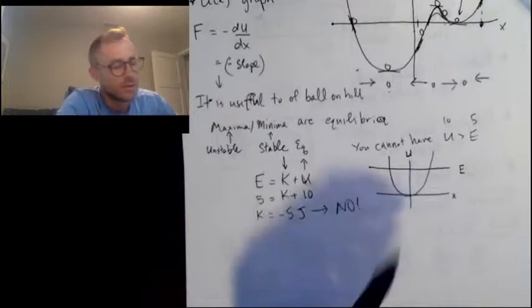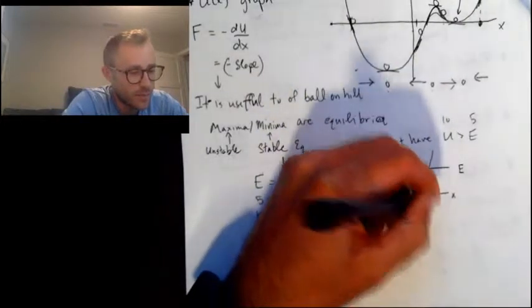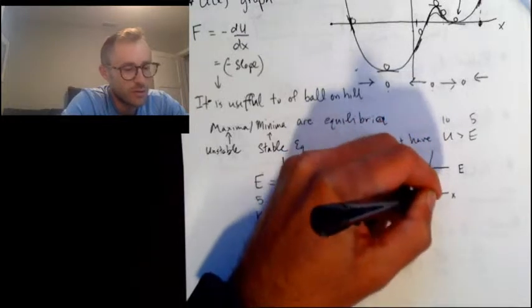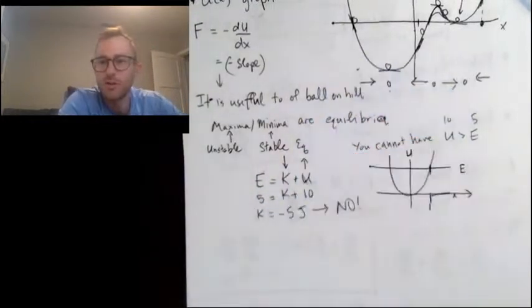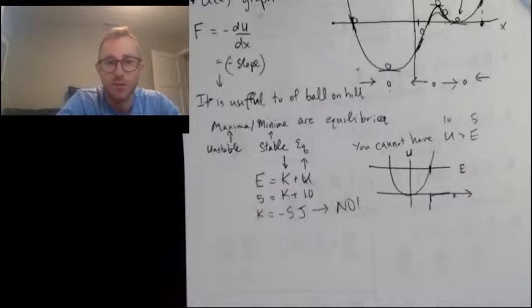So what that means is that, for example, anywhere beyond this location, the particle cannot go. Yes, you can have kinetic energy less than or greater than the total energy. That would mean you have negative potential energy, which is possible. Okay.